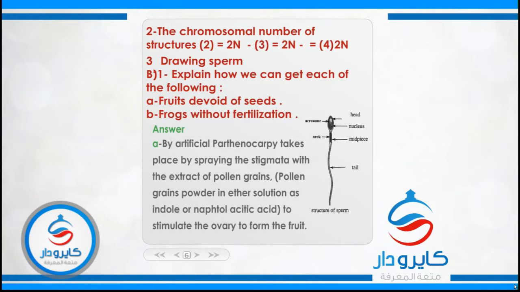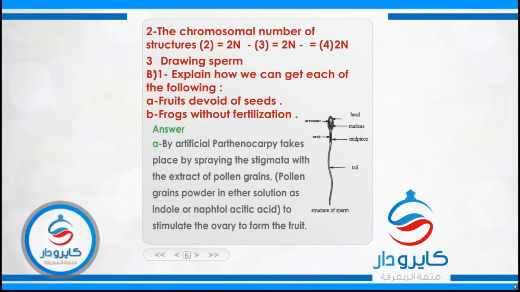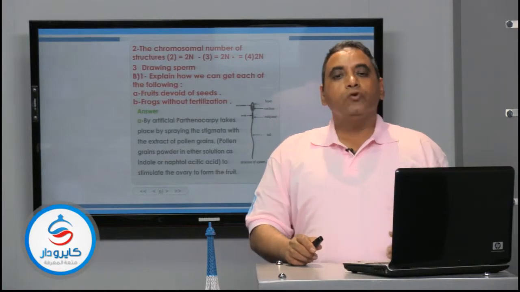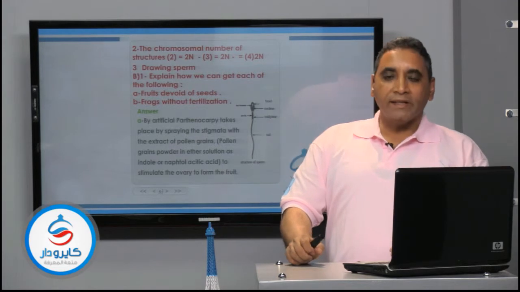The next question, explain how can we get each of the following. A, fruits devoid of seeds or seedless fruit. B, frogs without fertilization of the ovum. To produce fruit without seeds, that means parthenocarpy will take place.